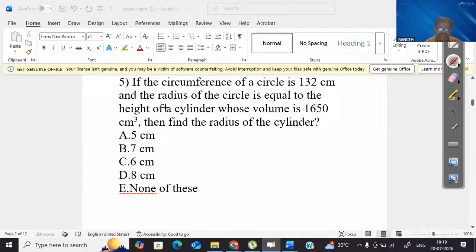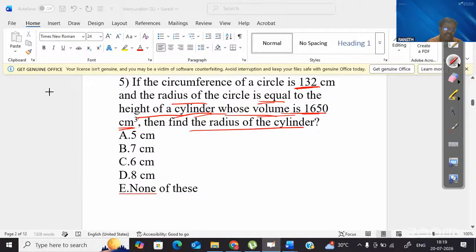If the circumference of a circle is 132 centimeters and the radius of the circle is equal to the height of the cylinder whose volume is 1650 centimeter cube, then find the radius of the cylinder.